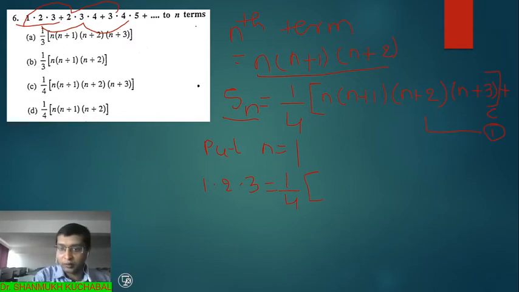Next, taking n equal to 1, we get 1 into 2 into 3 into 4 plus c. Here 4 gets cancelled and we get c value as 0. In equation 1, we have to substitute the c value. So we get Sn as, I write here, 1 becomes.